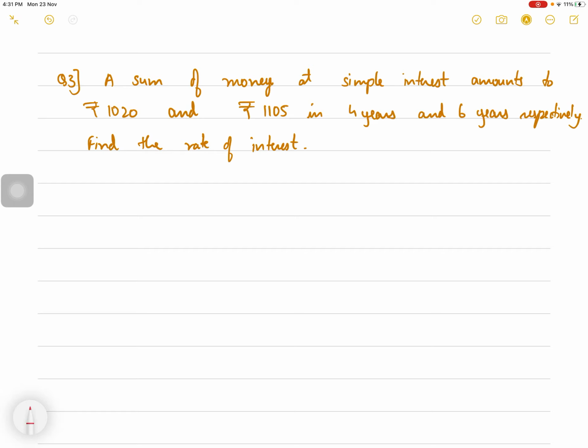A sum of money at simple interest amounts to 1020. So this is amount 1 and this is amount 2. The 4 years is N1 and this is N2, respectively. Find the rate of interest. You are supposed to find R. So let's calculate.